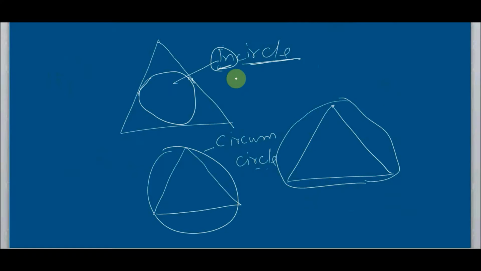Just remember, incircle and just the opposite of incircle, when the circle comes outside of the geometrical object, then it is called a circumcircle. Clear? So what is an incircle, what is a circumcircle? You remember it every time, don't forget, because students generally mix up the two things.